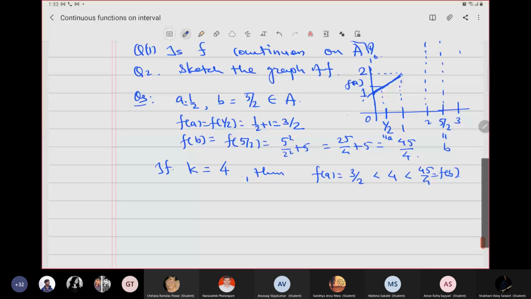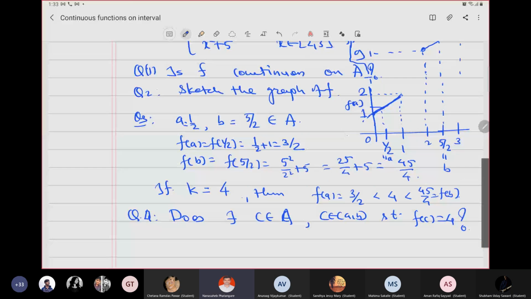Right. Now, does there exist C in the domain, and C is in between A and B, such that f of C is equal to 4? Is it true? No, sir. No, because if you look at the graph, I have chosen 4 here, but for 4 there is no pre-image at all.